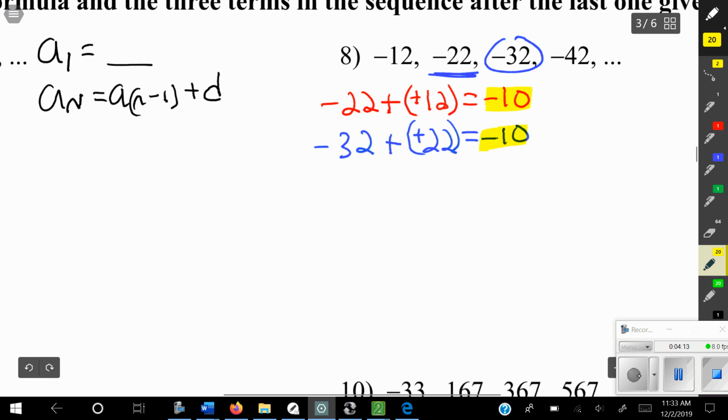So now we have a common difference. All right. So now that we have the common difference, all we got to do is write the formula. So remember, you always got to list the first term. So the first term here is negative 12.